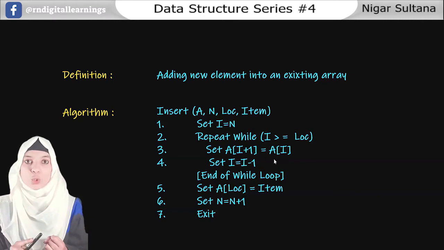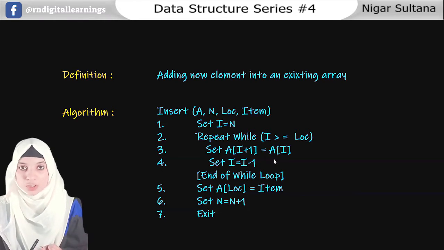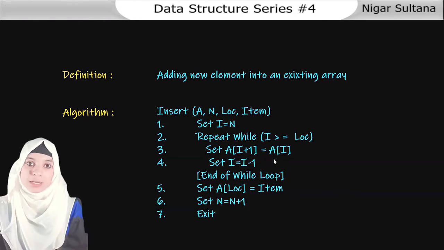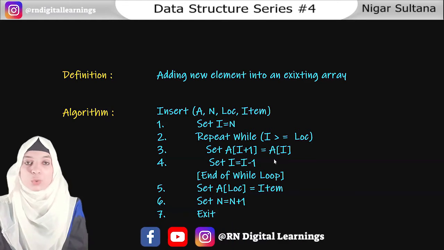So first I have told you I can insert a value at the first position or at the last position or at any desired position. See, when we are inserting any element at the last, it's quite easy. We can directly insert an element at the last.